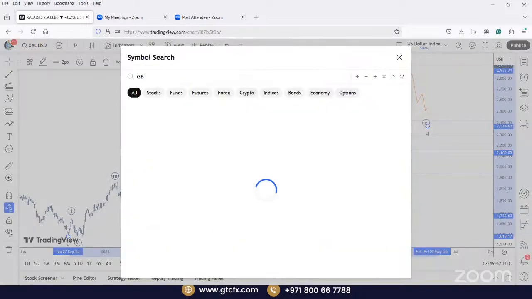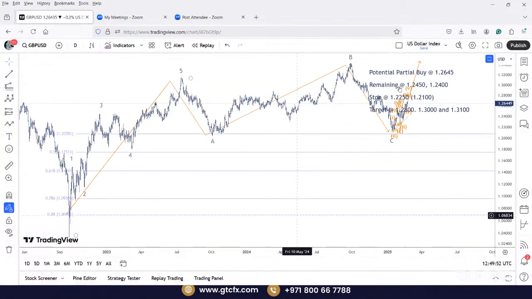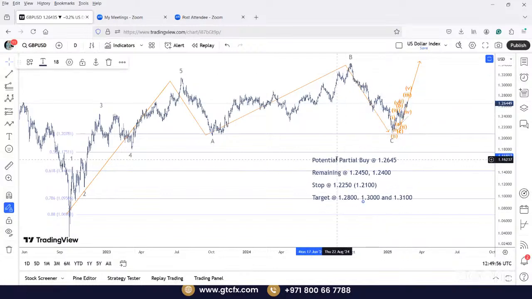And the last one before you came in was pound. I think it was Saxo Bank. Yes. And it is a potential partial buy around 26.45 right now and remaining around 2450, 2400. Give it some space, please. Don't buy everything ideally at one price.